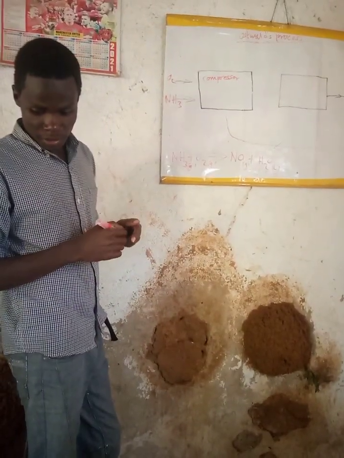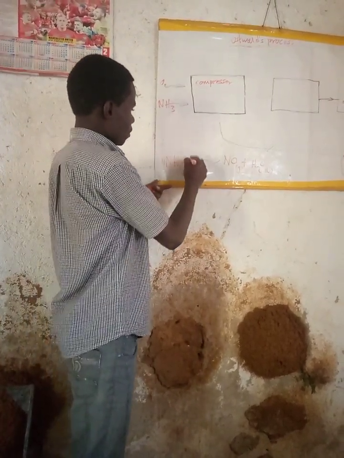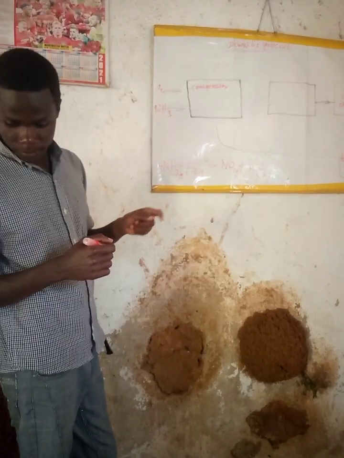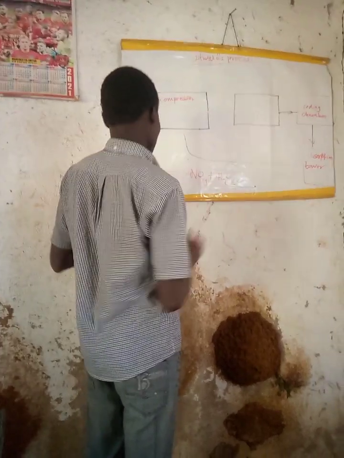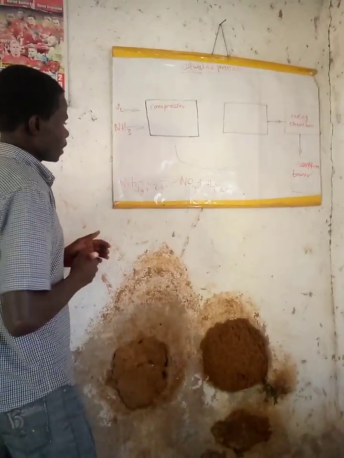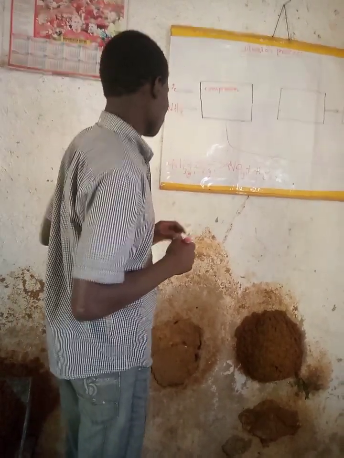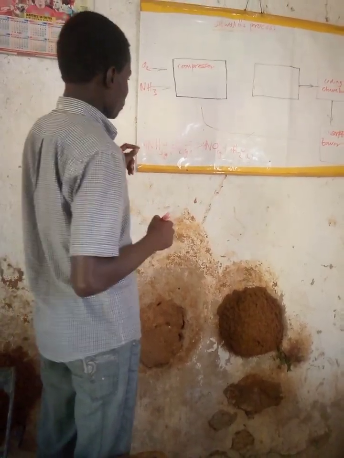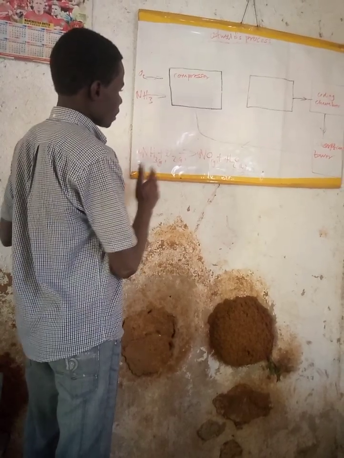This equation is not balanced; the equation must be balanced: 4, 5, 4, 6. This is just the equation for the catalytic oxidation of ammonia. This is how it occurs.